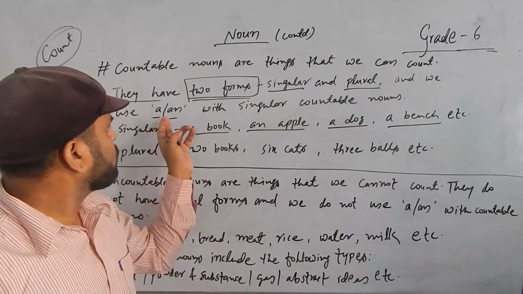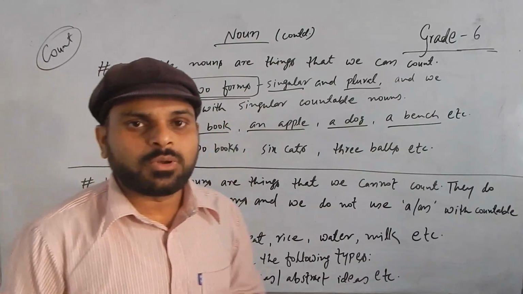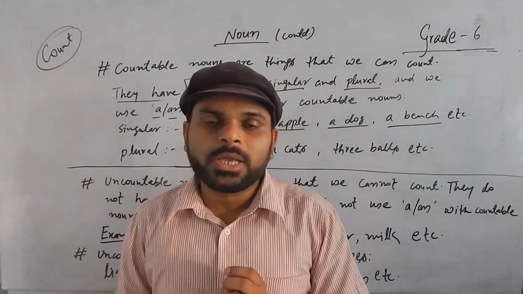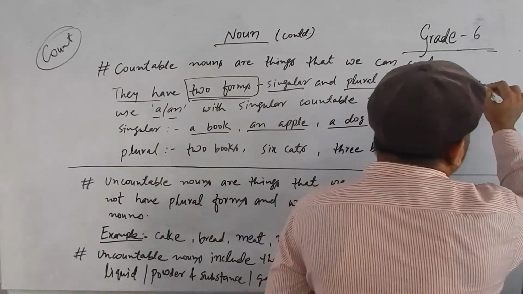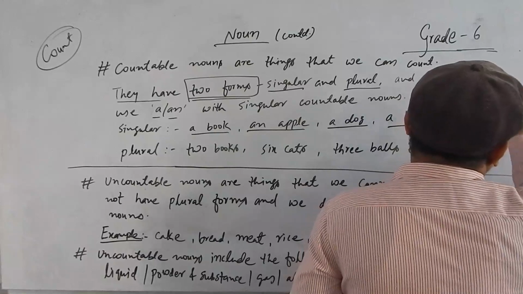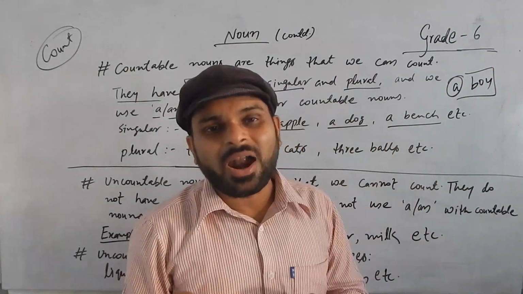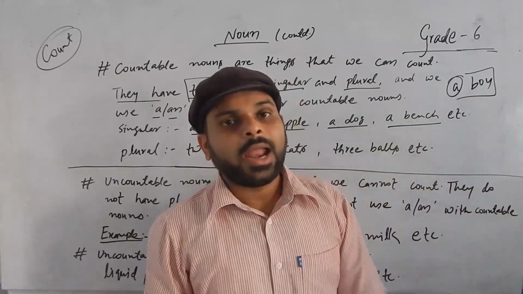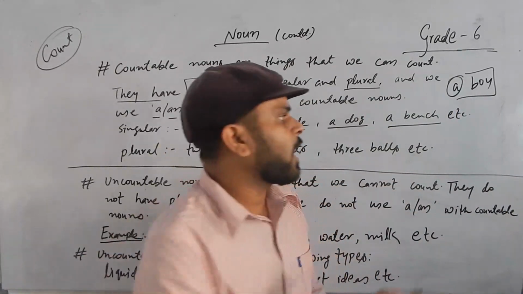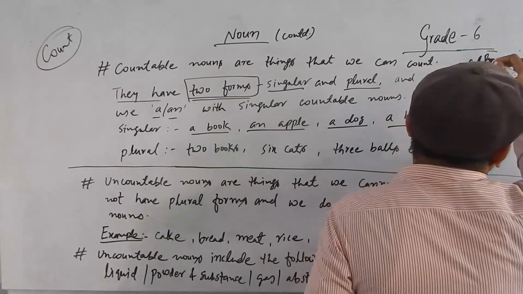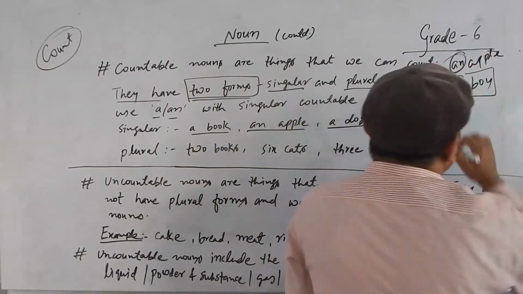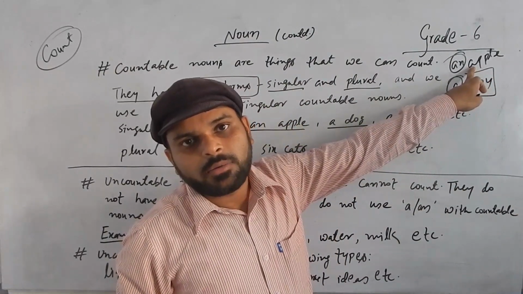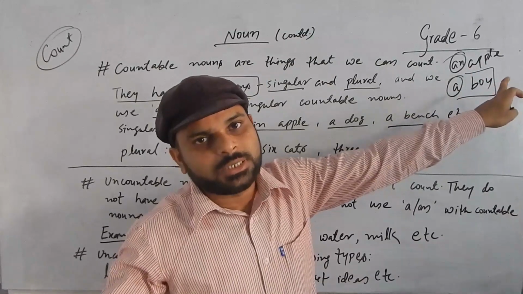We can use a or an with the singular countable noun, like a boy. Boy, B-O-Y, takes a on the basis of the article. We'll discuss it later. And an apple, A-P-P-L-E, because it starts with the vowel A. We'll discuss it.